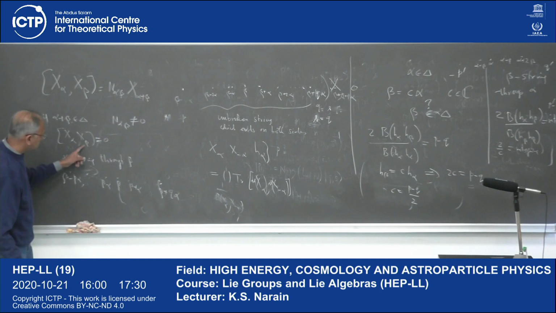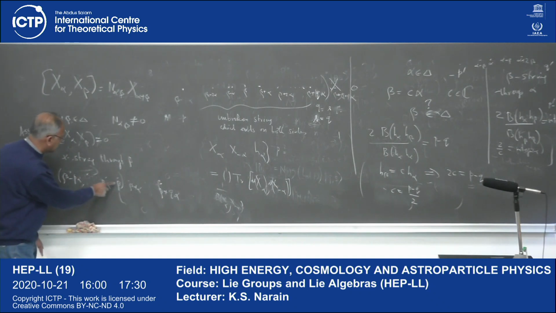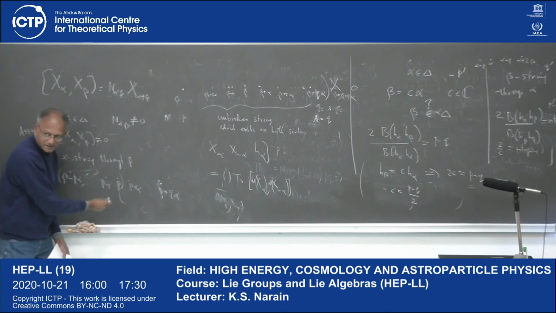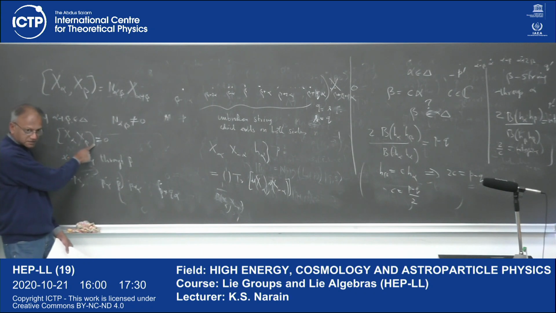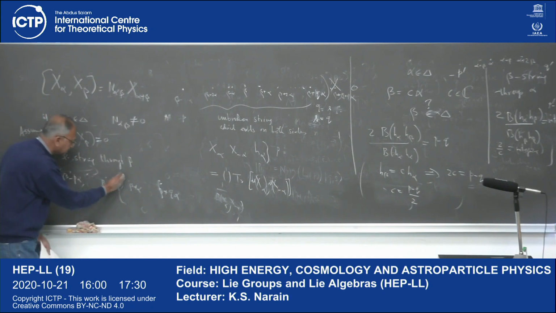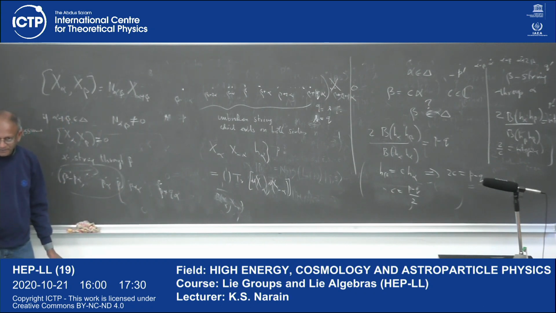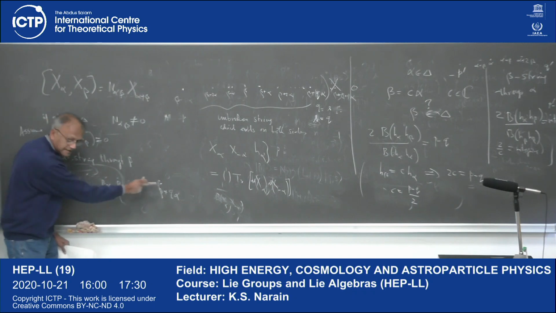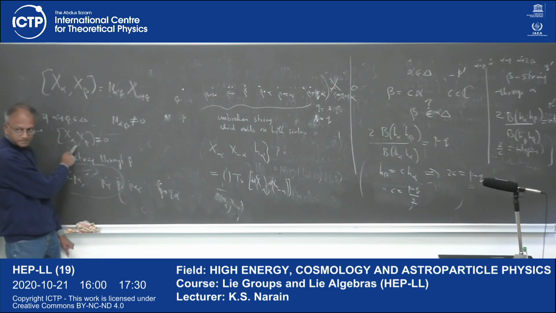But if this is true, then you could have considered a smaller space. You could have considered this space. Because if I apply x alpha on that, that is 0, so it doesn't go there. If I make the assumption that this is 0, then I can consider even a smaller space, and that itself will be a representation of the SU(2), because x alpha annihilates it by this assumption.